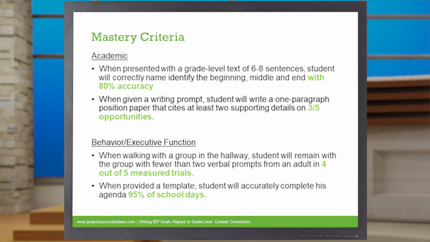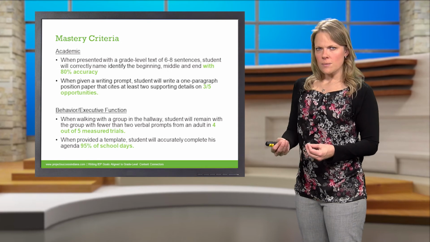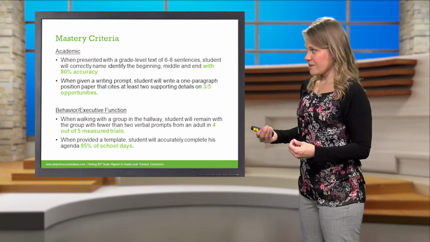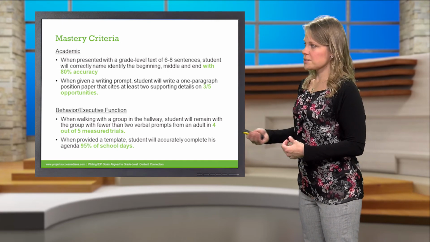You'll see in the academic goals, we're looking at 80% accuracy, or perhaps 3 out of 5 opportunities. And then for behavior or executive functioning, it's 4 out of 5 measured trials or 95% of school days. These are specific statements that let us know when we will consider that student to have mastered the skill that's listed here.